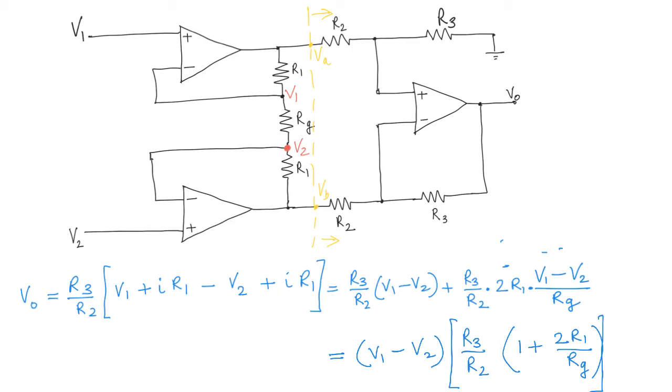Okay, so the gain of the instrumentation amplifier is given by this term here in the brackets.